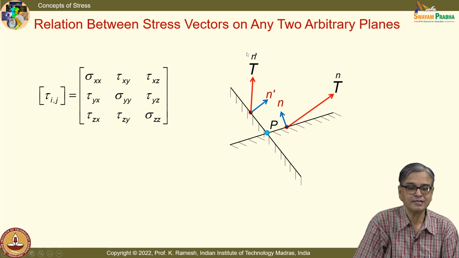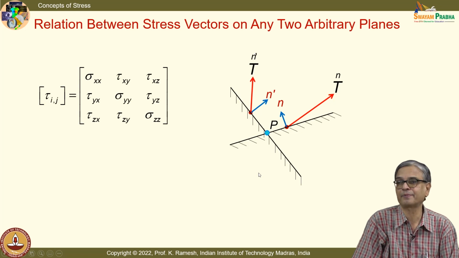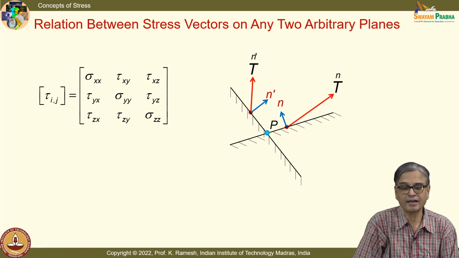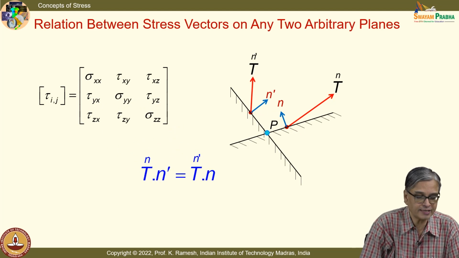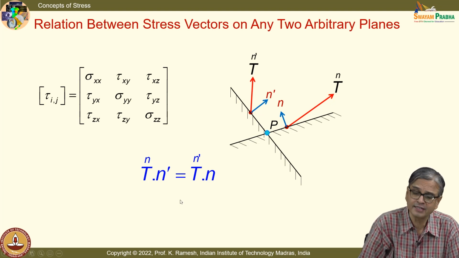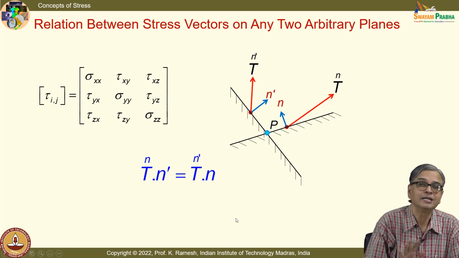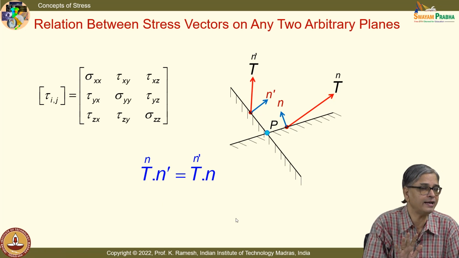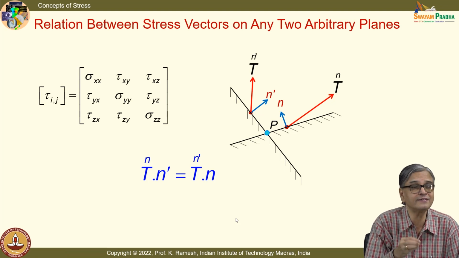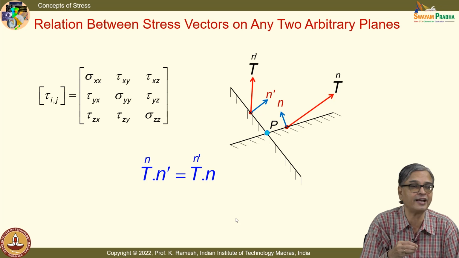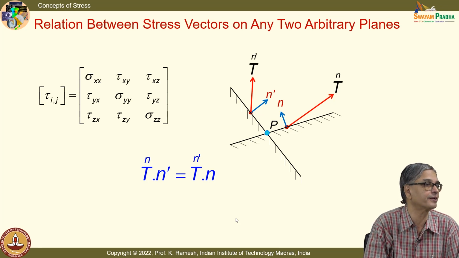I have stress vector as Tn prime. And I want you to prove Tn dot n prime equal to Tn prime dot n. See, these are all vectorial quantities and this is a dot product. Please work it out in longhand and come with this identity, because we will use this identity to develop certain other interesting concepts related to state of stress at a point.